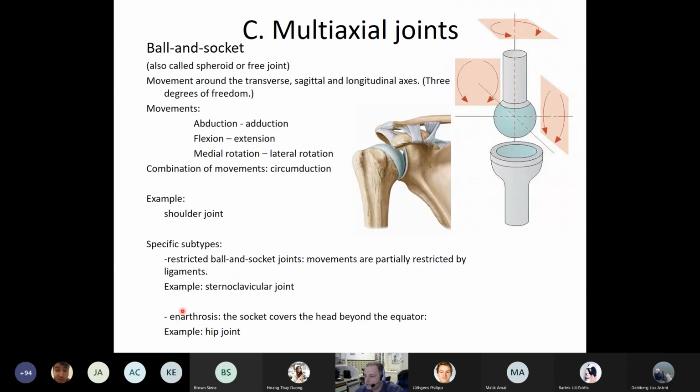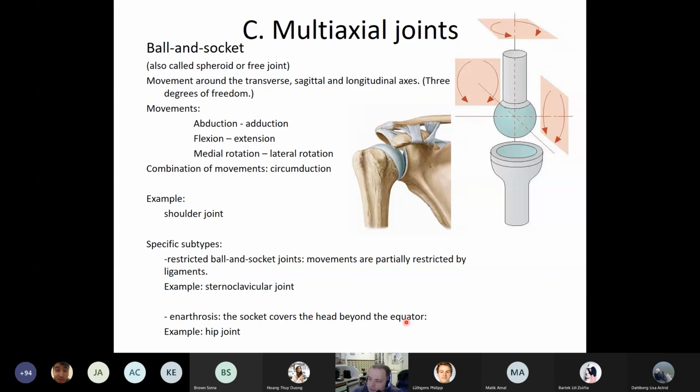And it's also a specific type, the so-called anarthrosis, which means that in some cases the socket is deeper than the half of the head. So if the head of the joint or the bone is beyond the equator surrounded by the socket, that will definitely inhibit the movement, and of course it stabilizes the joint.